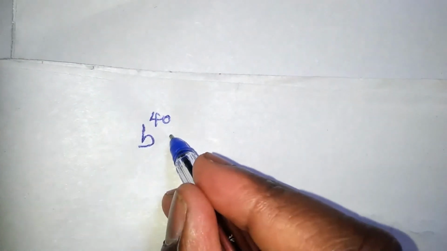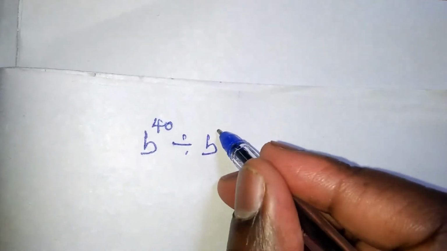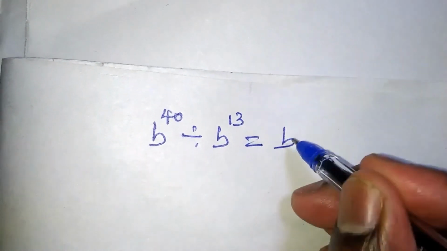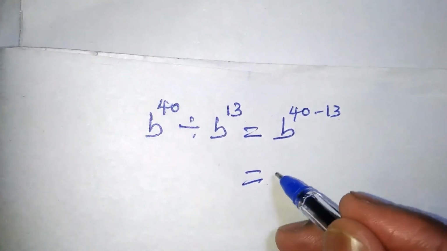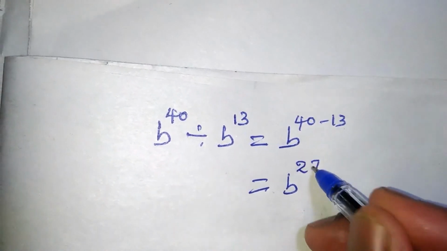The other example for dividing indices would be, if I have b^40 and I divide by b^13, my answer would be b^(40 minus 13), which is basically b^27.